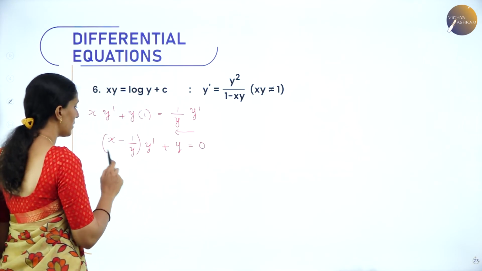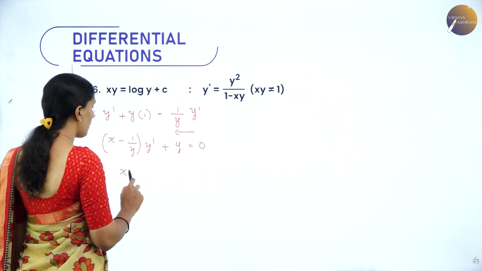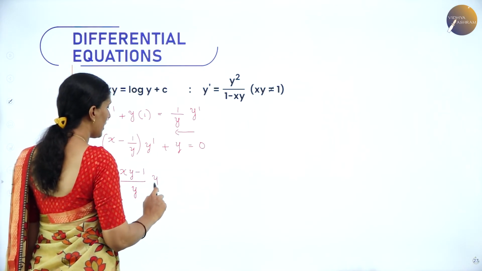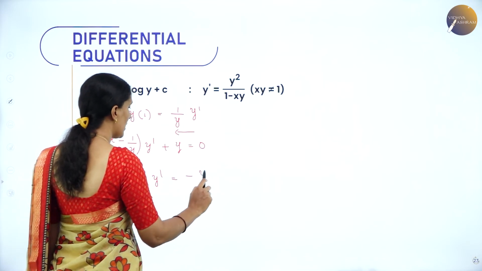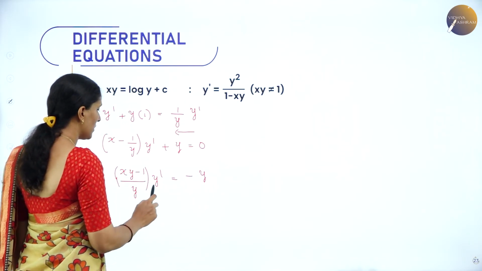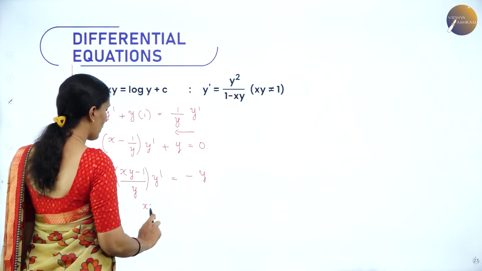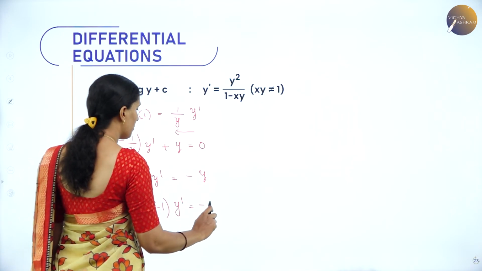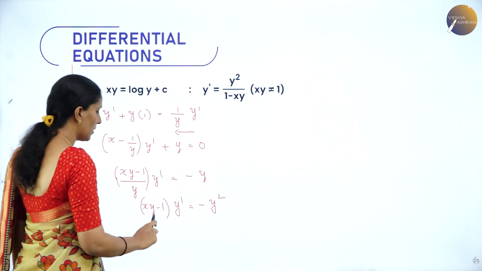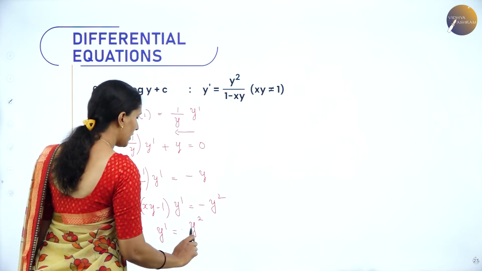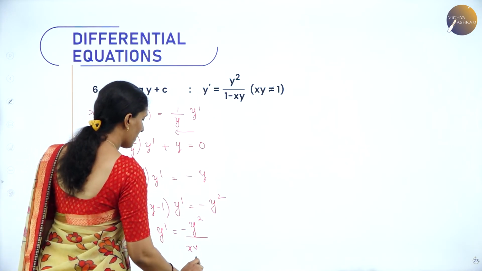So next we have xy minus 1 divided by y, y dash is equal to minus y. Shift y there. So then you have xy minus 1 into y dash is equal to minus y square. So then y dash is equal to minus y square divided by xy minus 1.